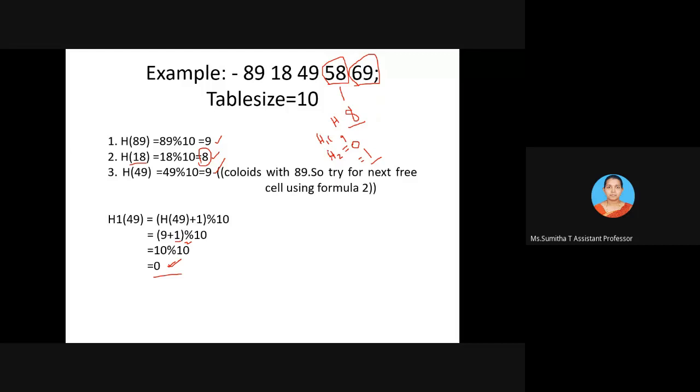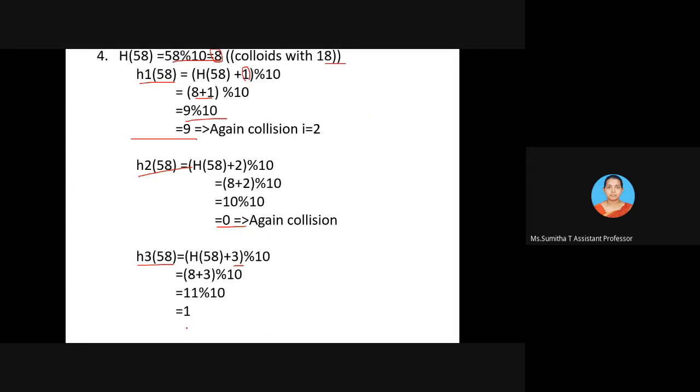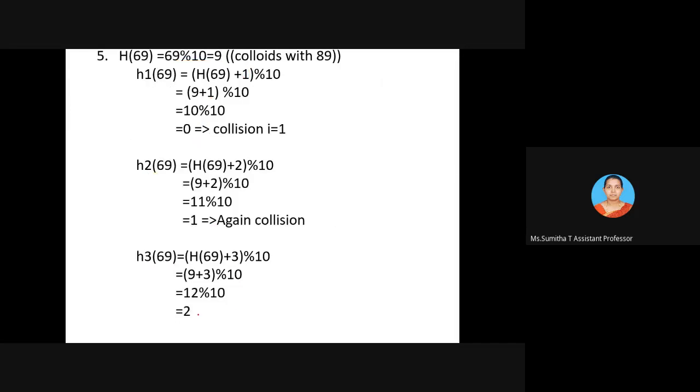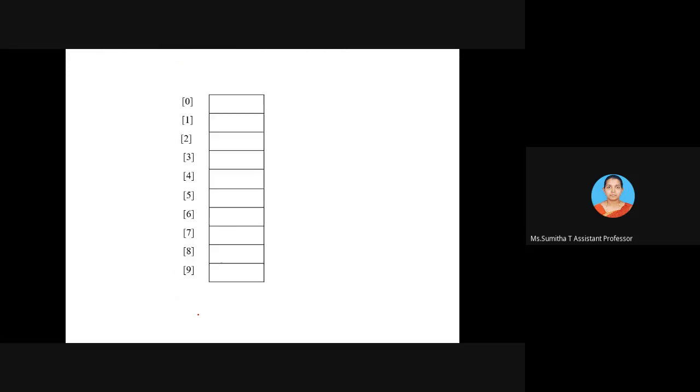So find H2 of 69. What is H2 of 69? 1. 1 is also inserted, right? So again go with another one, H3, that is 2. So in position 2 I can insert. So here we can insert like this. Is it clear? This is called linear probing.